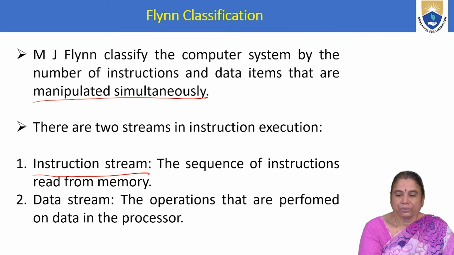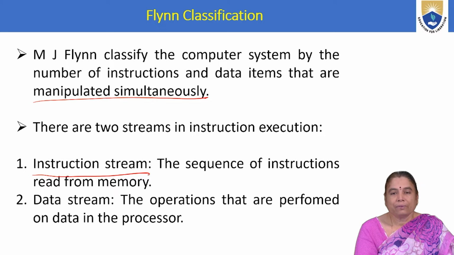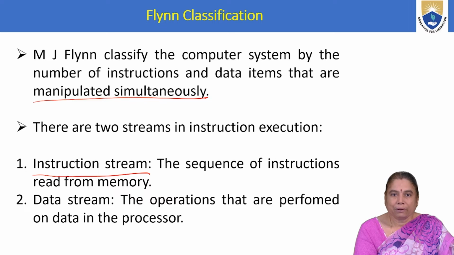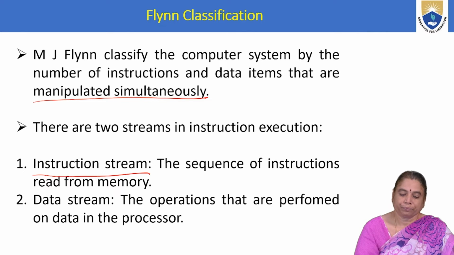What does instruction stream mean? It is the sequence of instructions read from the memory. Whether the fetching is a single path or multiple paths can be specified with the help of the instruction stream, and the data stream specifies the operations that are performed on the data in the processor.